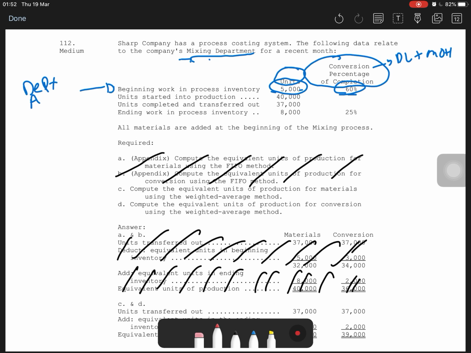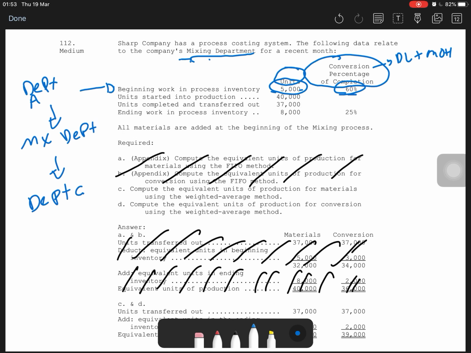So 37,000 units have been completed and transferred to the next stage, maybe as finished goods.